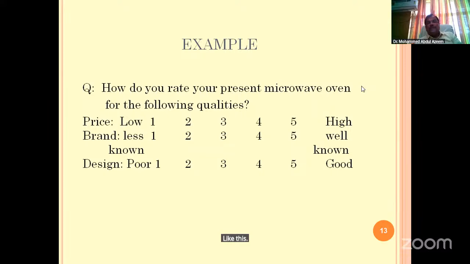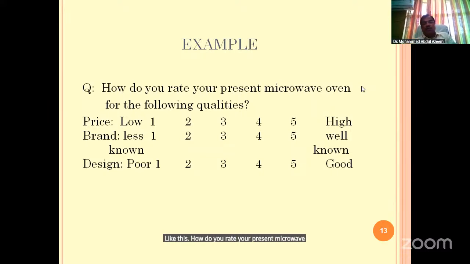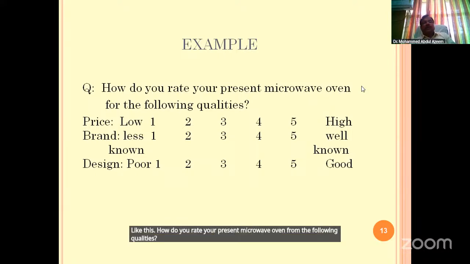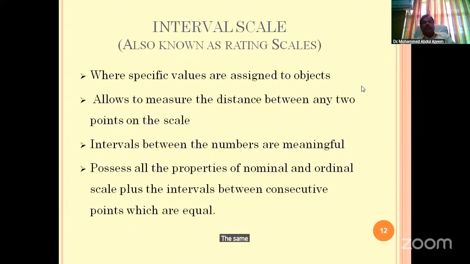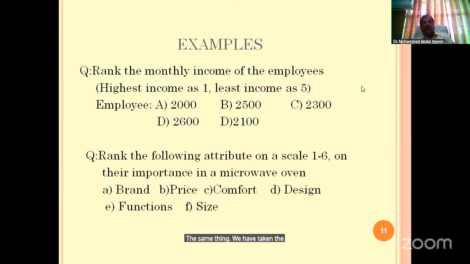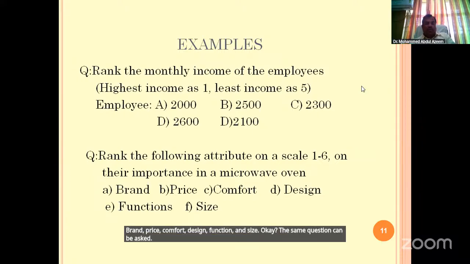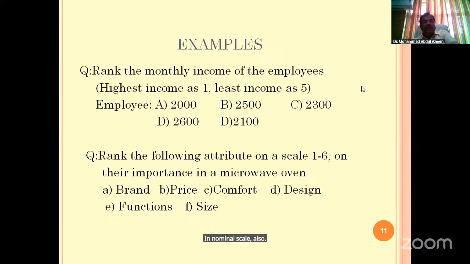How do you rate your present microwave oven on the following qualities? See, the same thing. We have taken the example here: rank the attributes of the microwave oven based on brand, price, comfort, design, function, and size. The same question can be asked in nominal scale by removing the rank.